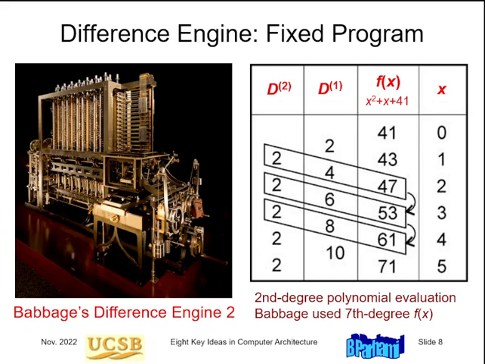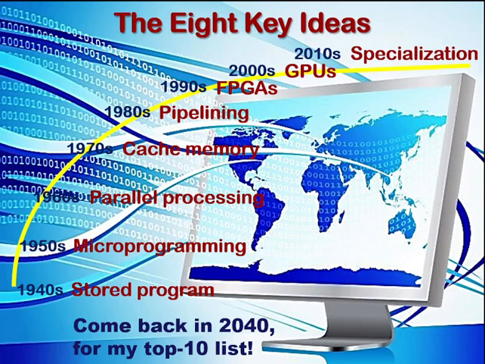Okay, sorry, I forgot to mention that the ideas start from the 1940s, the idea of stored program, 1950s, microprogramming. From the 1960s, I've chosen parallel processing. 1970s, cache memory. 1980s, pipelining. 1990s, FPGAs. 2000s, GPUs.